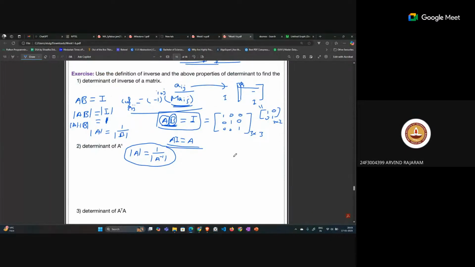What is the determinant of A to the power n? Determinant of A the whole power of n. A multiplied n times.